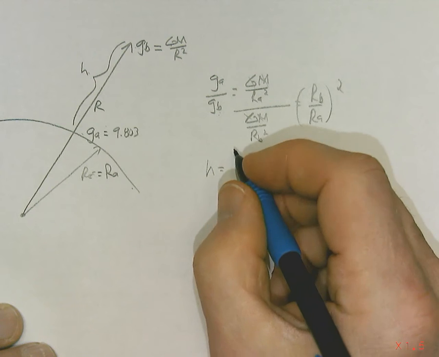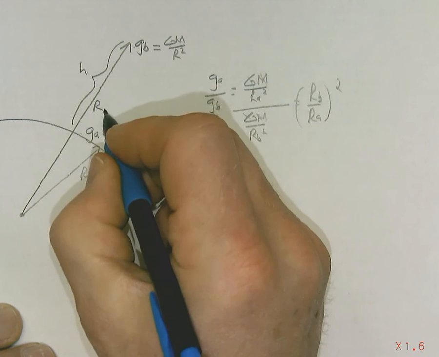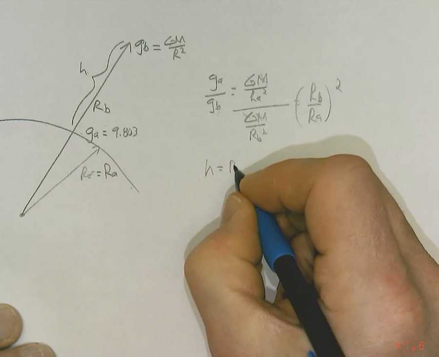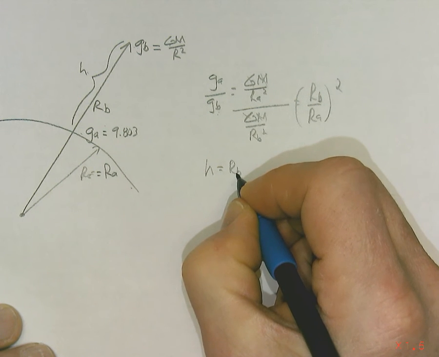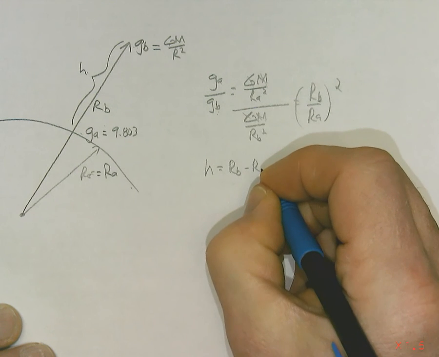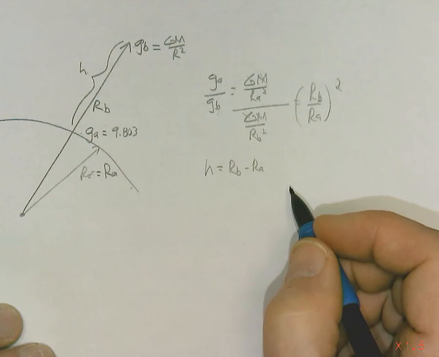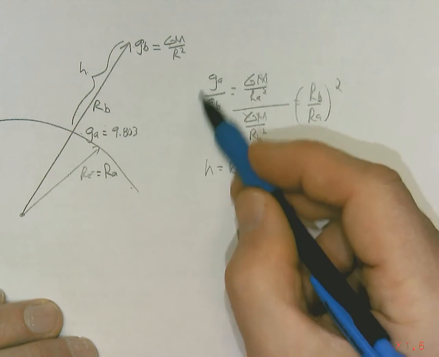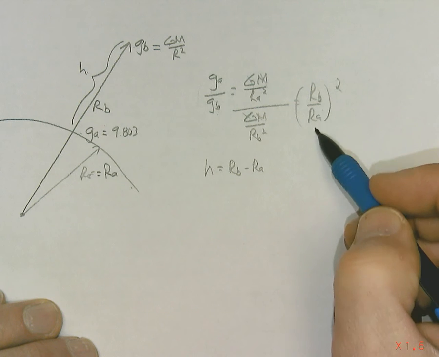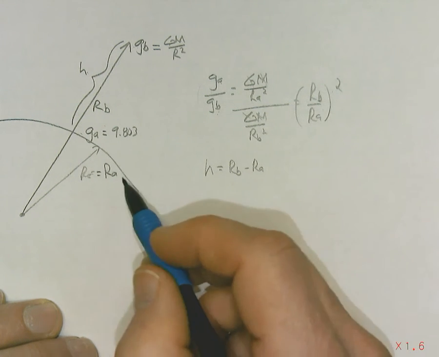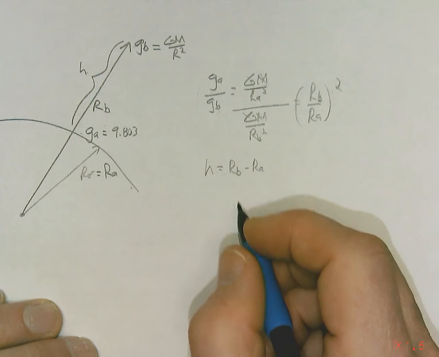The height above the surface is R_B, this whole thing, minus R_A. That's what we're looking for, R_B minus R_A. And now we know this fraction, and it's R_B over R_A squared.